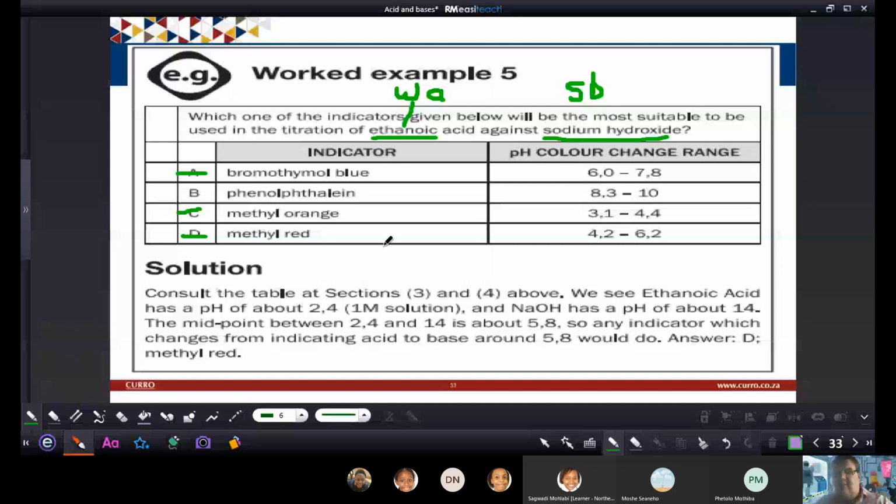So they did it more scientifically than we actually did, but normally they would give you only the indicator ranges, so then your answer would have been in the range of phenolphthalein or methyl red. The only reason why they choose methyl red is because they have the pHs. But if they didn't give you the pH, my guess would have been B. All right, so that's very important to look at.